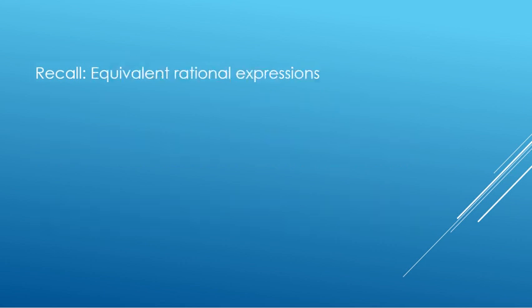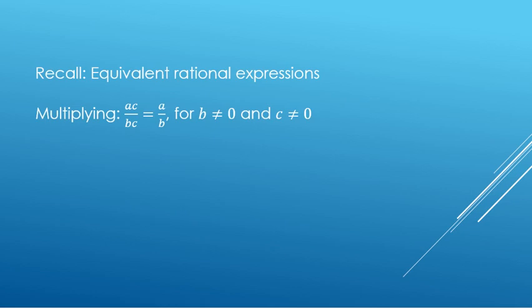A couple things to keep in mind when writing equivalent rational expressions. If I have a fraction a over b and I multiply the top and bottom by the same number c, then that resulting rational expression is the same. What we're really doing is multiplying a over b by this odd looking 1, and we will be doing this quite a bit.